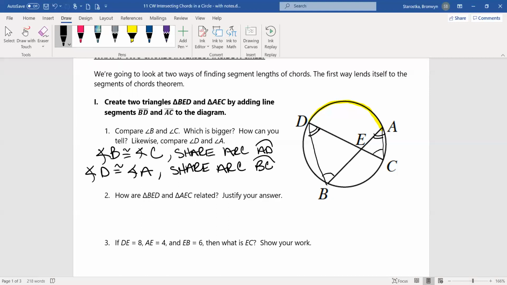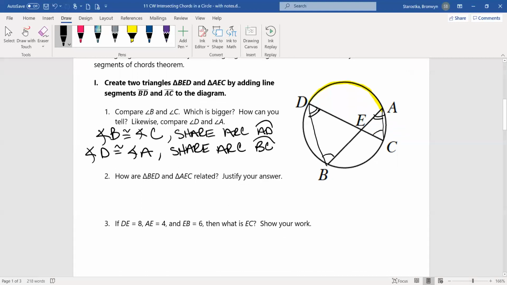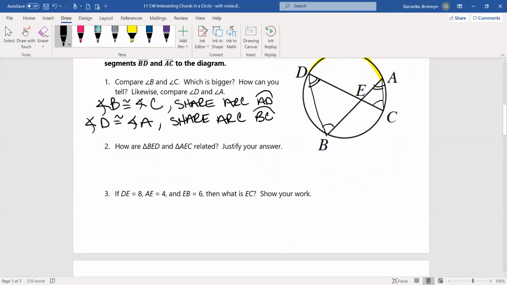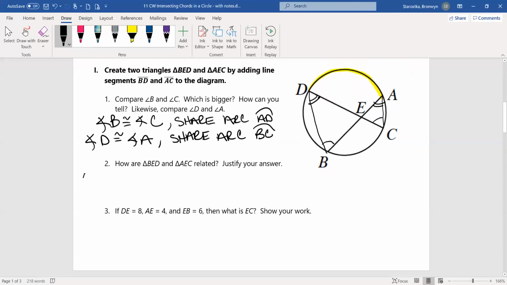So how are those two triangles related? Well, we can say that triangle BED is similar to triangle AEC by angle similarity.